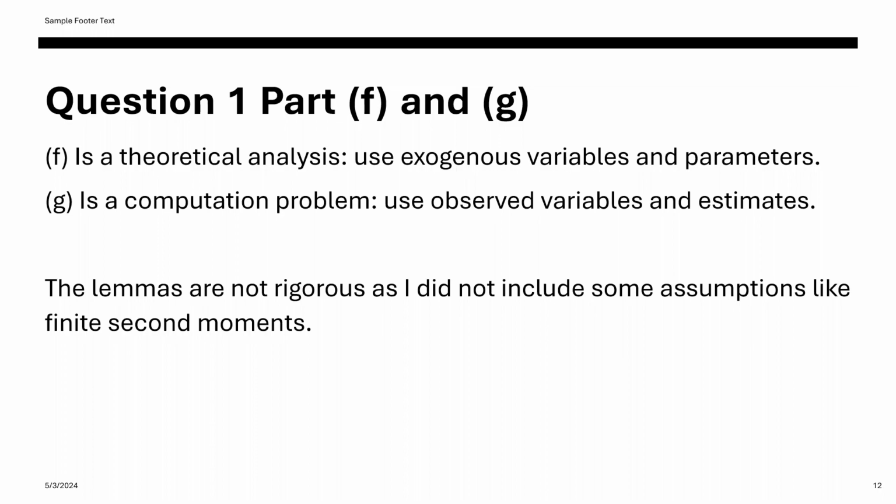By the way, there is an additional question that I considered but did not include, which is hypothesis testing. In this example, it would be interesting to see how you test the constant returns to scale of the production function. If your null hypothesis is constant returns to scale, that means beta plus gamma equals 1.